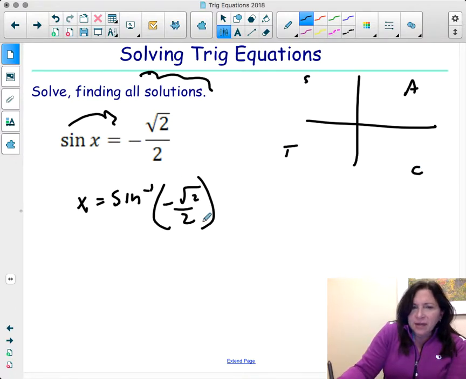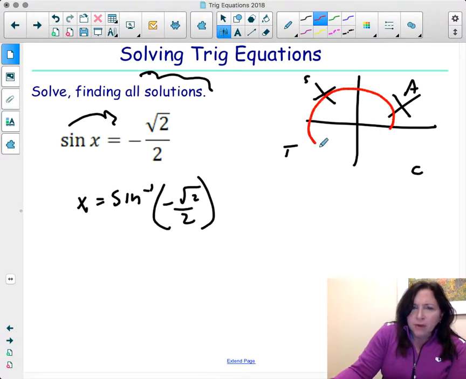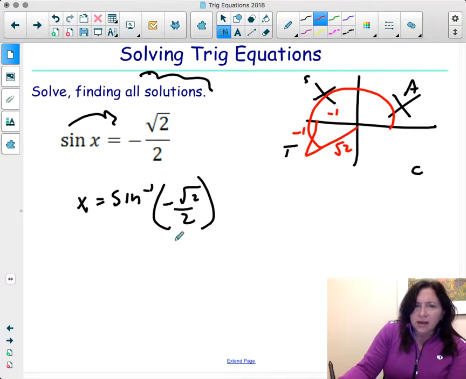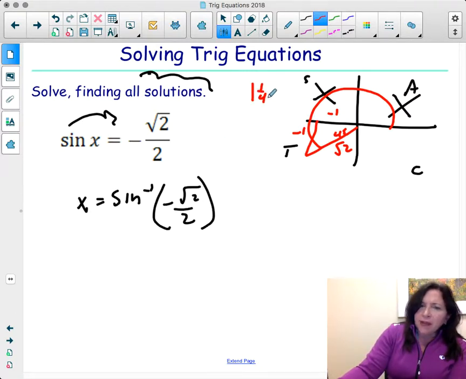Here again, this is a negative value, so we're not looking here or here. We are looking in this quadrant here, which is the third quadrant, for sine, which is negative root 2 over 2, this being a 45-degree reference. And therefore, that value is going to be 1 and a fourth. So 1 and 1/4 is 5/4 pi.